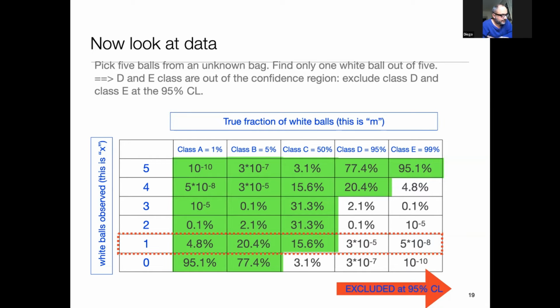You see immediately that with this observation, classes A, B, and C belong to my confidence belt, and class D and class E do not. Therefore, class D and class E are excluded at 95% confidence level. So I can say at 95% confidence that the bag that I picked was not of type D or type E.